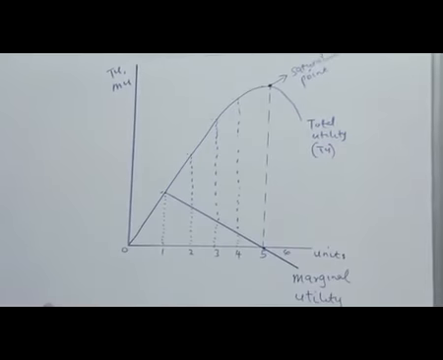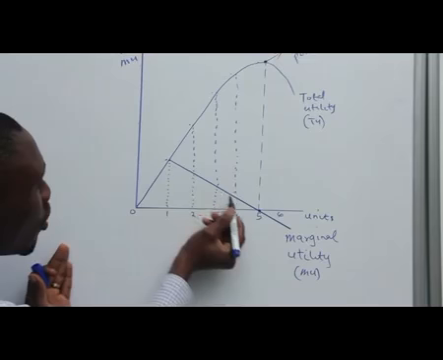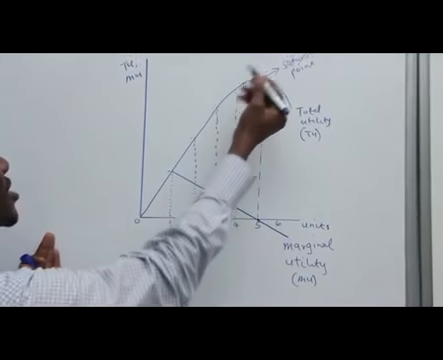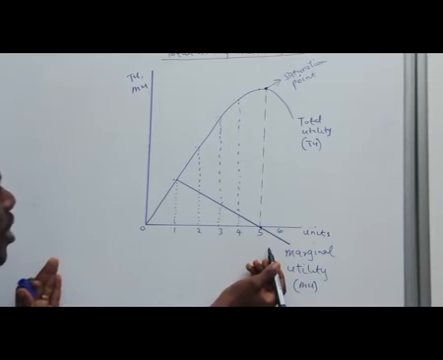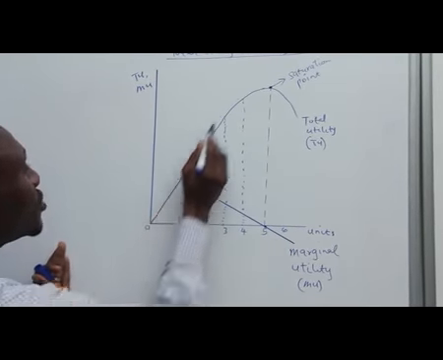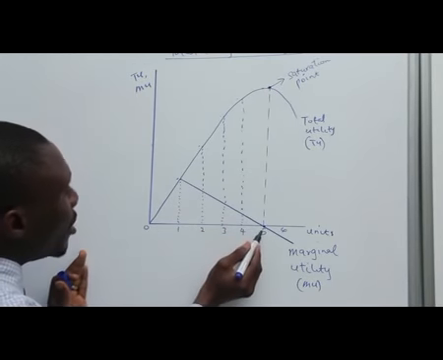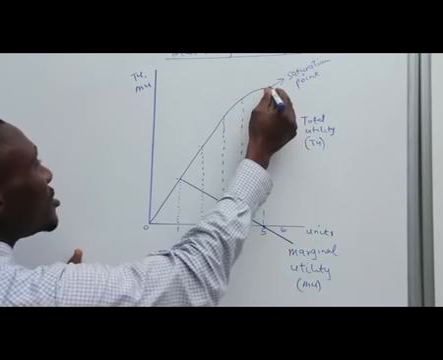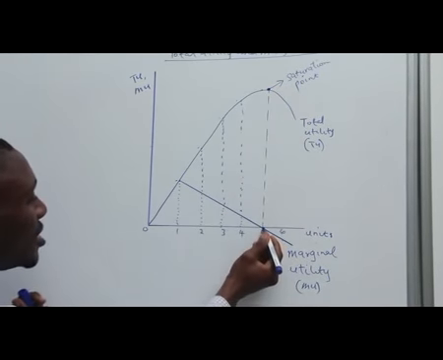Let's come to the marginal utility curve. This is the marginal utility curve. The marginal utility is dropping as the total utility is increasing. We have demonstrated that with the table. Now, we want to look at the relationship. You will see that as total utility is increasing, marginal utility is dropping gradually. But when total utility reaches its peak, you observe that marginal utility is 0.